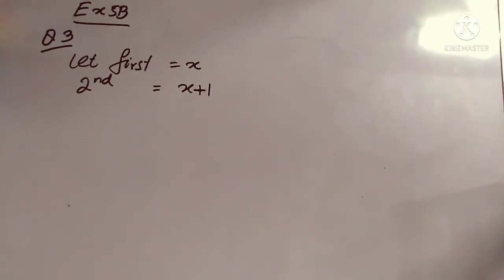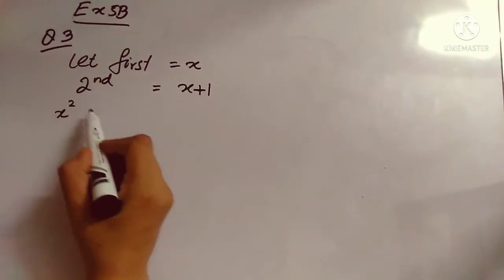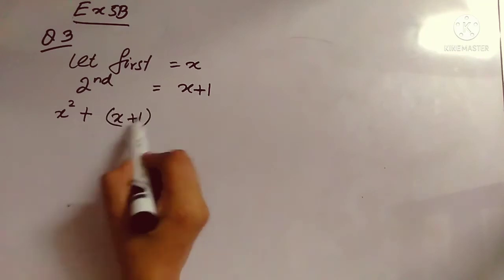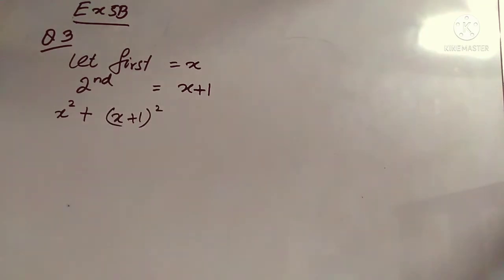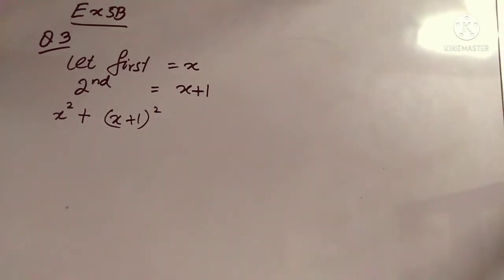They are saying in the question that two consecutive positive numbers are such that the sum of their squares is 113. It means that we have to take the squares of both numbers and add them. So this is the sum of their squares, and the sum of their squares is equal to 113.